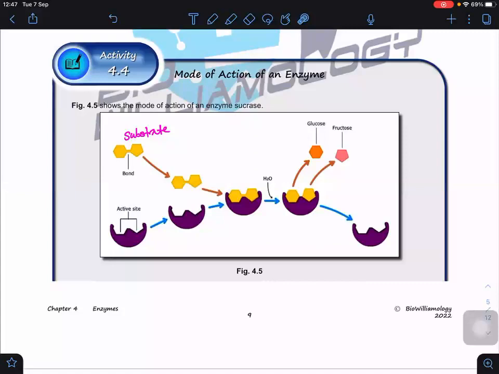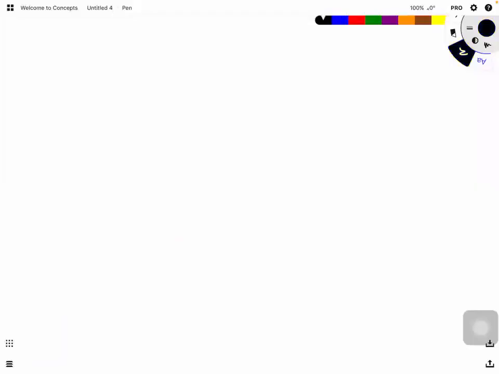Look at this diagram. Look at these diagrams, yeah? So let's see. This is enzyme. Okay, this is a substrate. Okay, how I draw it. Okay, let's see.